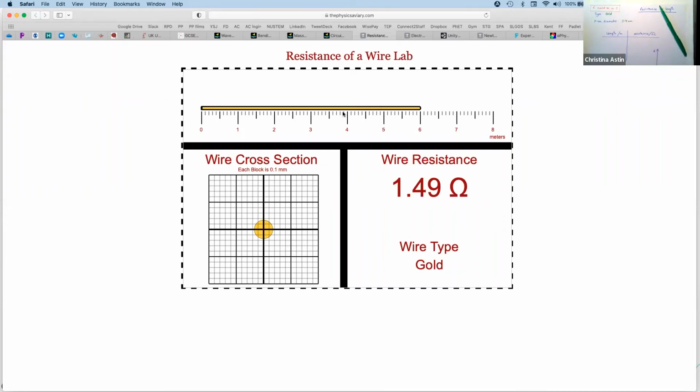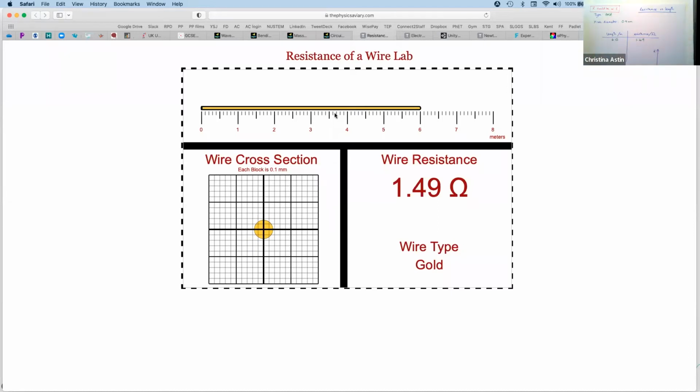Then again, you literally just click on the wire and it toggles through various different lengths, quite randomly, not at all systematically. So our first length there is 6 meters. You would never experiment with that length of gold wire in the lab. And the wire resistance there is 1.49.